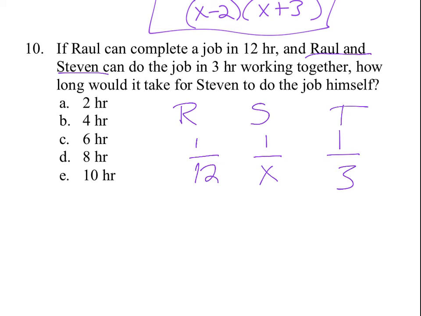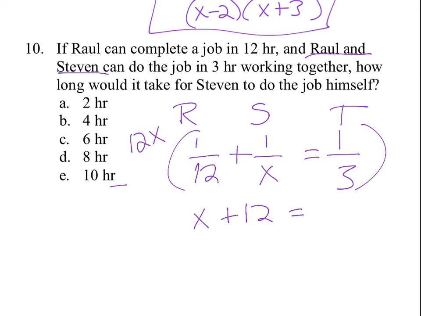Well, that's our x. So what we do now is we're just going to add these two and then solve for x. I'm going to multiply through by 12x. And that's going to get rid of my denominators. So now I have x, the 12 goes away, plus, now the x goes away, 12, equals 12 divided by 3 is 4x.